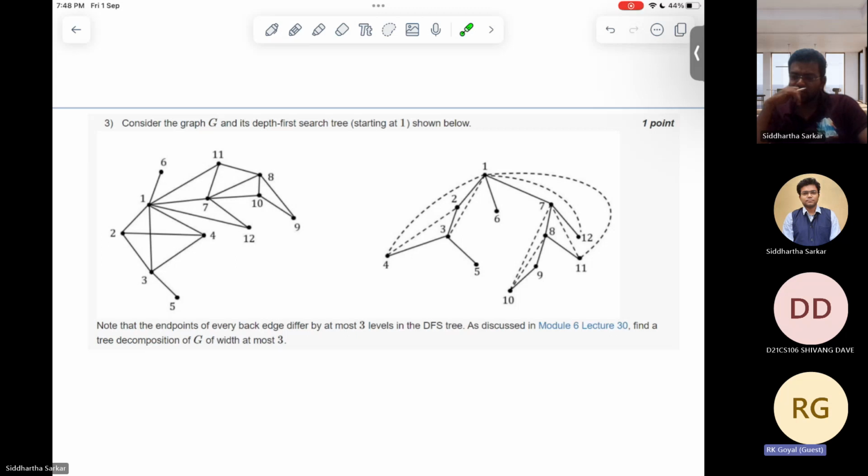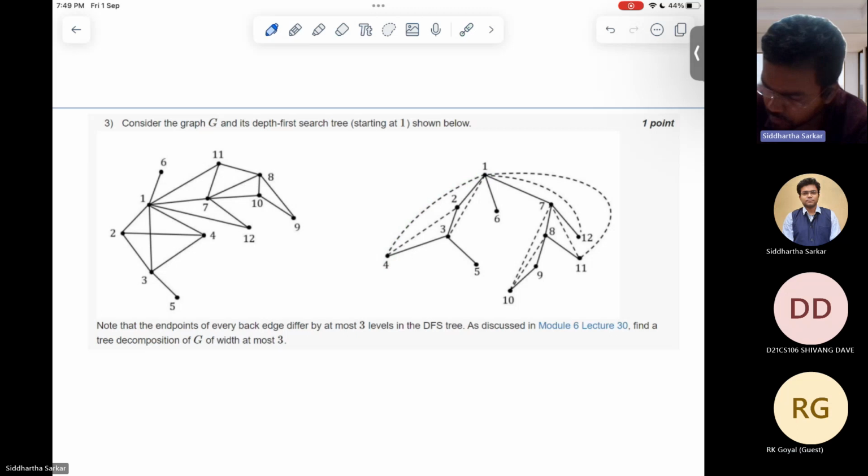And what I understood is that once the construction of the DFS tree is over, since in the original graph we do have an edge between 4 and 1, which has not been considered in this DFS tree, this can be considered as a back edge. Correct. So it is given that every back edge differs by at most three levels. So how is this three appearing here? It's just this. From 4, there is a back edge to 1.